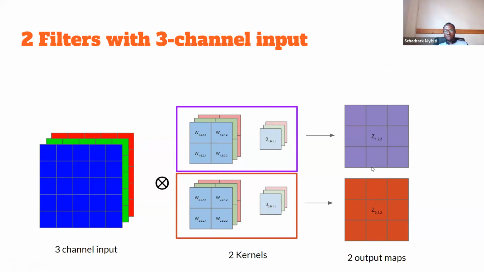Then we'll be having two output maps. So in terms of the implementation in practice with PyTorch, when you see the input channels, that's what we're referring to. When you see the output channels, that's what we're referring to. There's a two here. It will be equal to the number of kernels that will be applied in the multiplication operations.